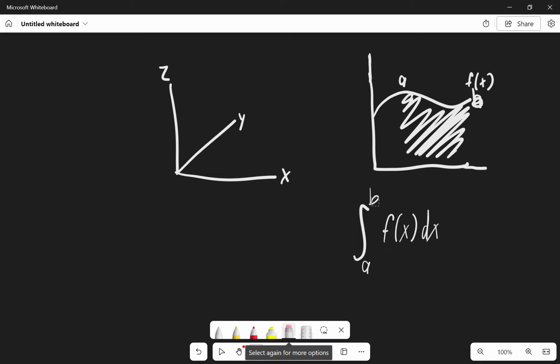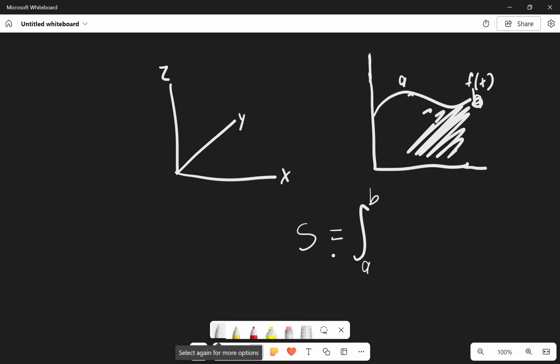right? But the way we calculate line integrals is more similar to how we calculate the arc length. You might remember the next formula: s equals the integral from a to b of the square root of 1 plus y prime squared dx.